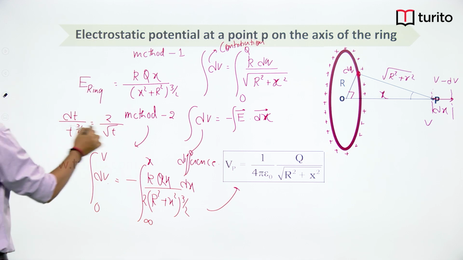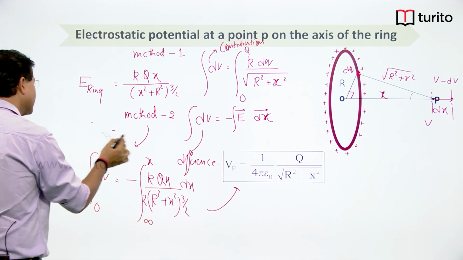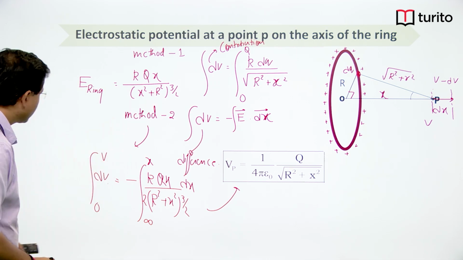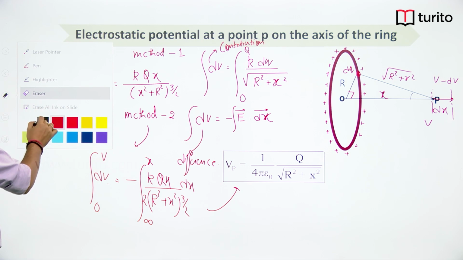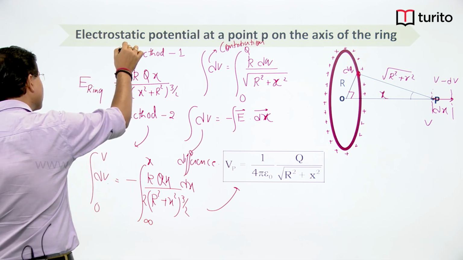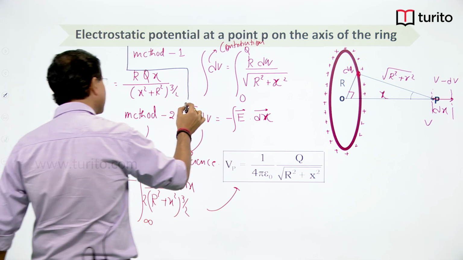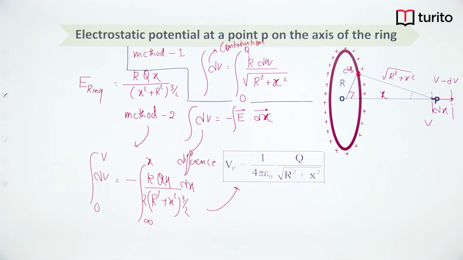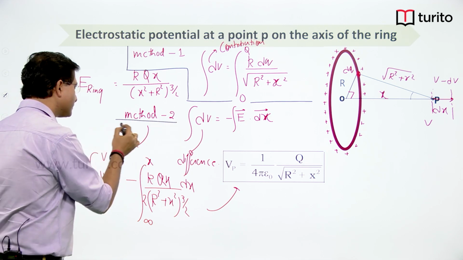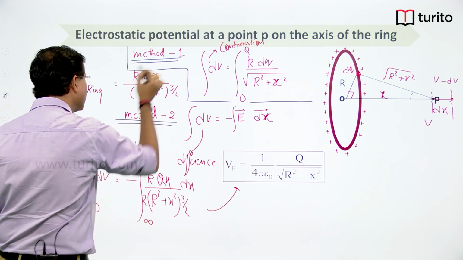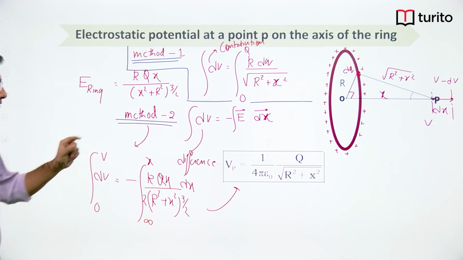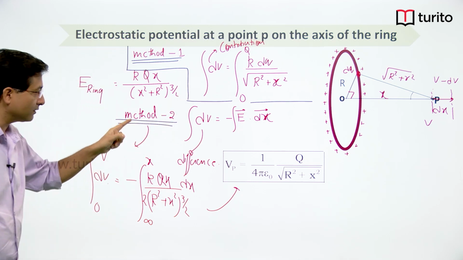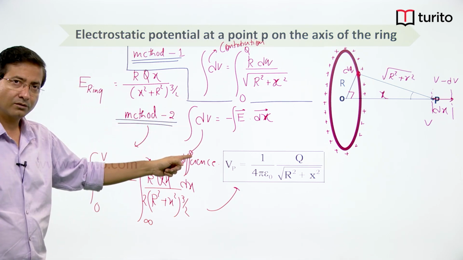But the meaning of dV we are writing using method 1 is totally different to the meaning of dV we are writing in method 2.